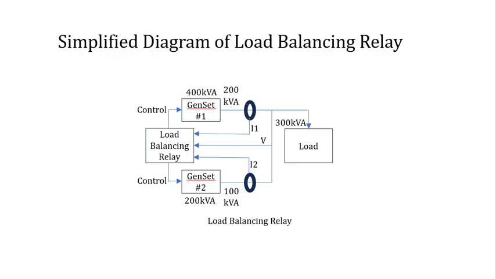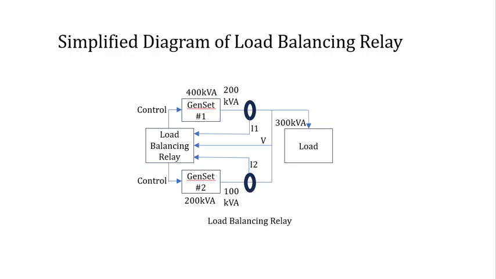This picture shows the load balancing relay and, for example, two gensets. The load balancing relay controls both of the gensets and ensures that they share the load in proportion to their capacities.